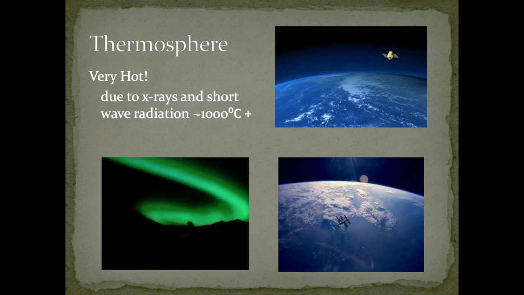Next layer out is the thermosphere. This is the largest of the layers, the thickest of all the layers, and surprisingly, it is very, very hot, but that is due to X-ray radiation and shortwave radiation. You can have temperatures in excess of 1,000 degrees Celsius. The thermosphere is also home to the aurora borealis, or the northern lights.